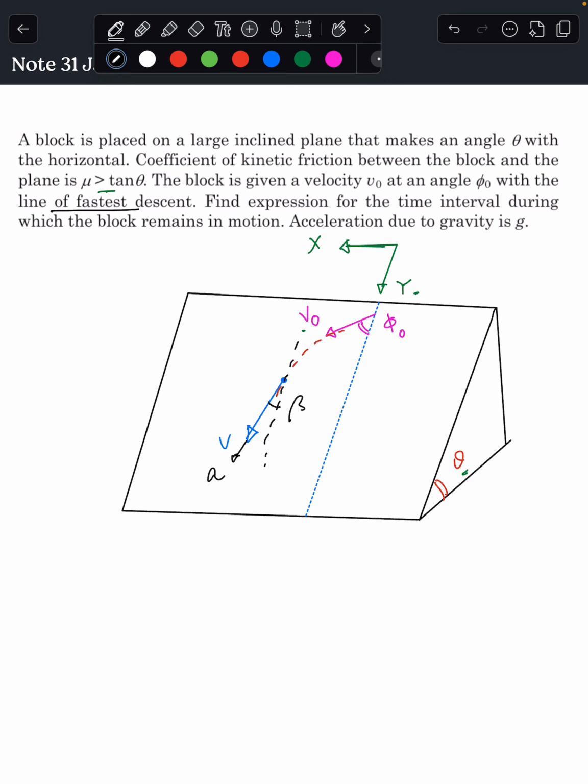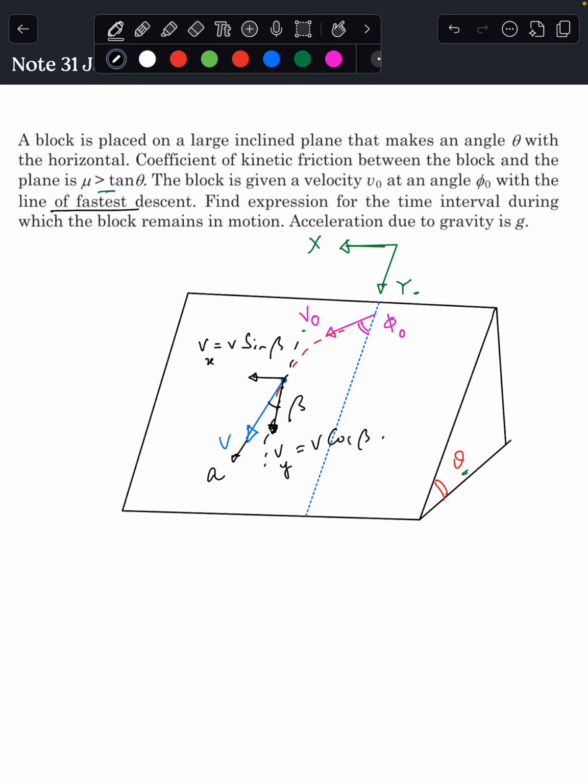So I can clearly write that the x component of velocity will be v sine beta, and along this line we get the y component of velocity, vy, equal to v cos beta.